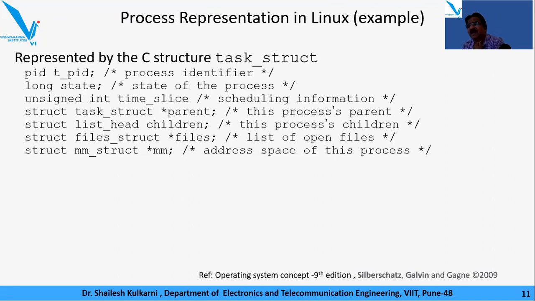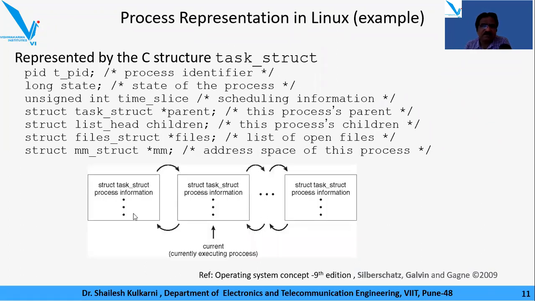In many cases, a doubly linked list is preferred in order to link the different TCBs. I'll let you know the reason for this doubly linked list: you make use of it to link the different task control blocks or process control blocks. You can see that this is representative information given for struct task, that is, process information.